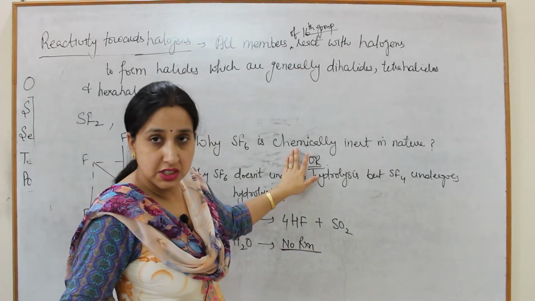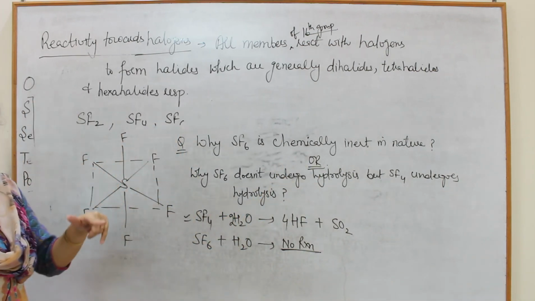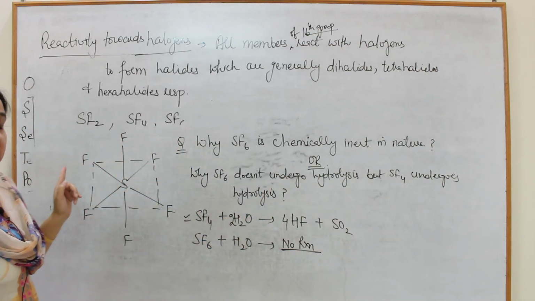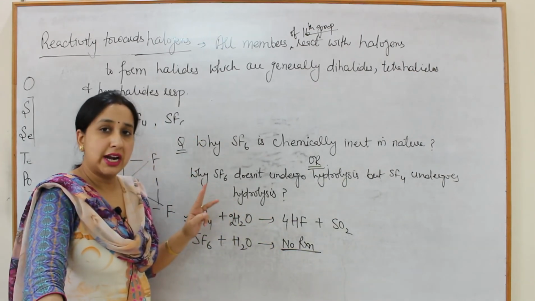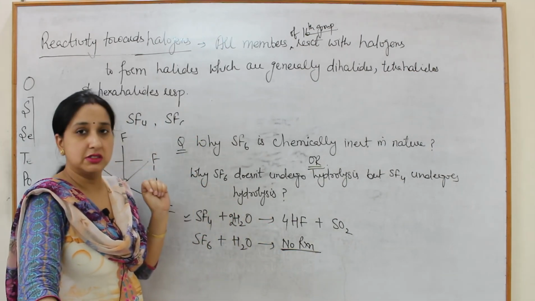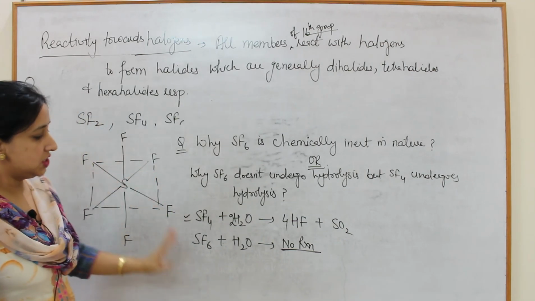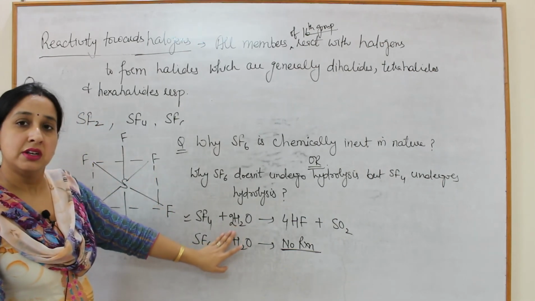These fluorines properly protect the sulfur from any reagent and there will be no reaction and it will be chemically inert in nature. But in case of SF4, we have seesaw geometry. Sulfur is protected by only 4 fluorines. So there is a position to attack the sulfur.